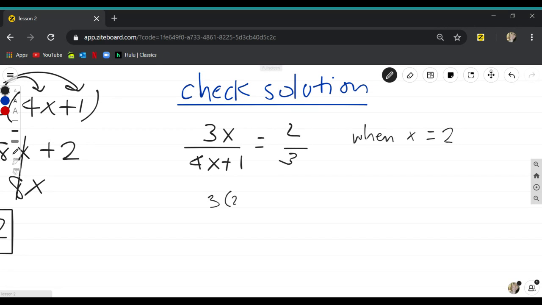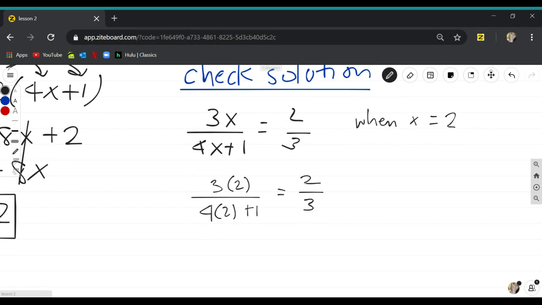So 3 times 2 over 4 times 2 plus 1 is equal to 2 over 3. So now we have to see if this is correct. So 3 times 2 is 6. 4 times 2 is 8. And plus 1 is equal to 2/3.